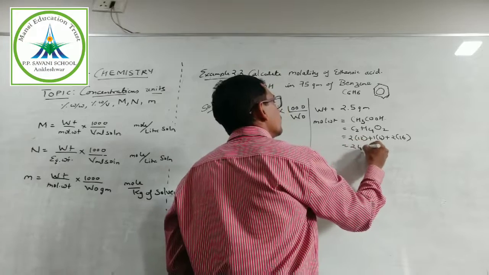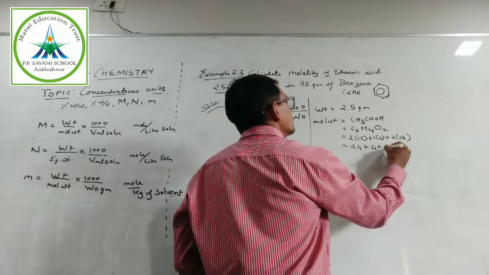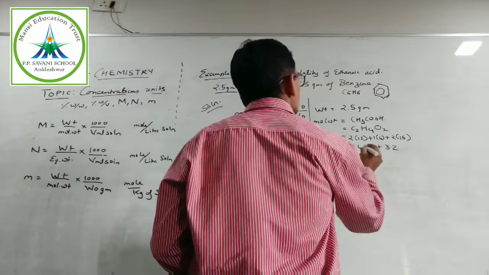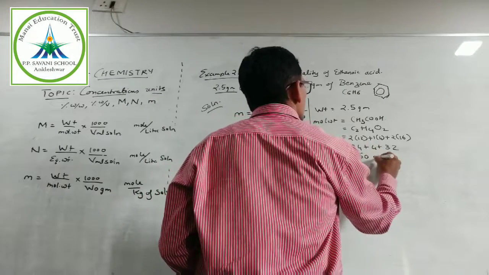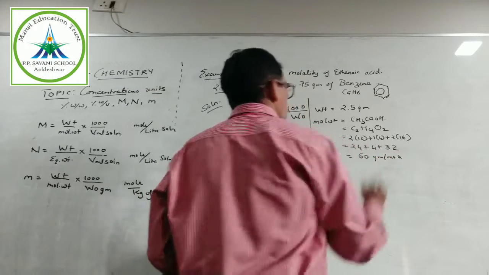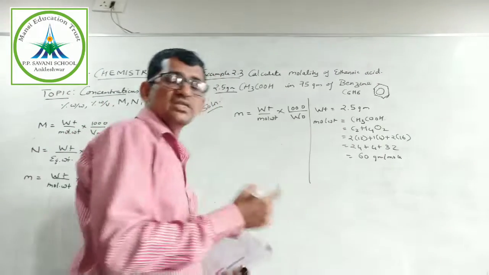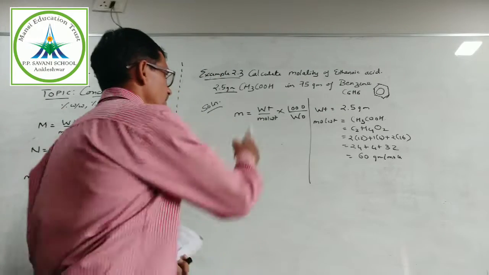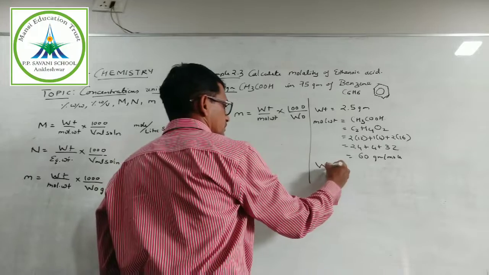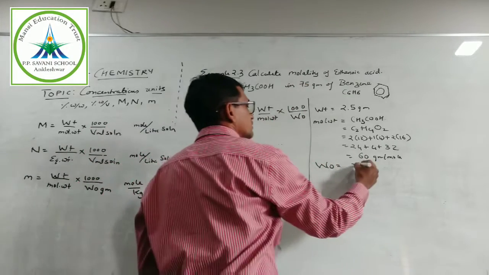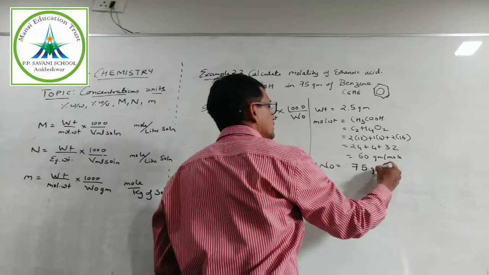So it is 24 plus 4 plus 32. So the answer is coming 60 gram per mole. Molecular weight of acetic acid is 60. And W0 means solvent. Its weight is given 75 gram.